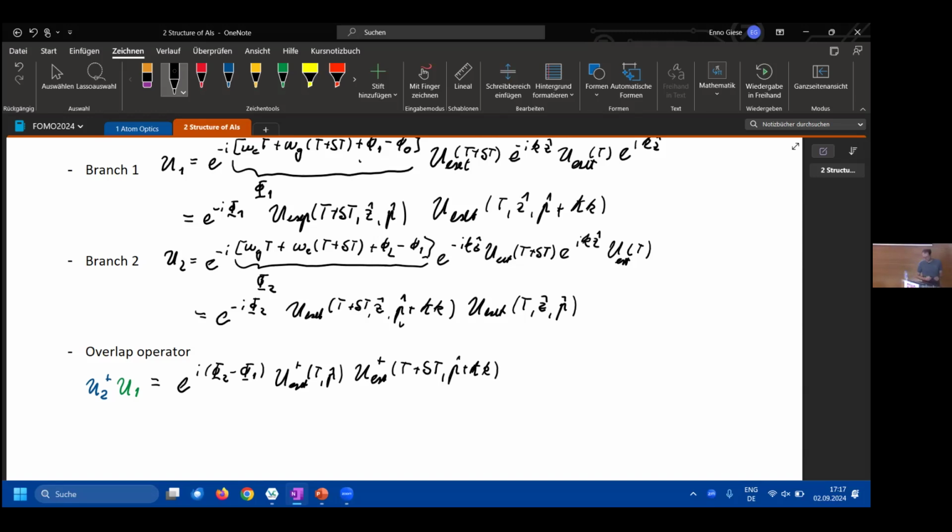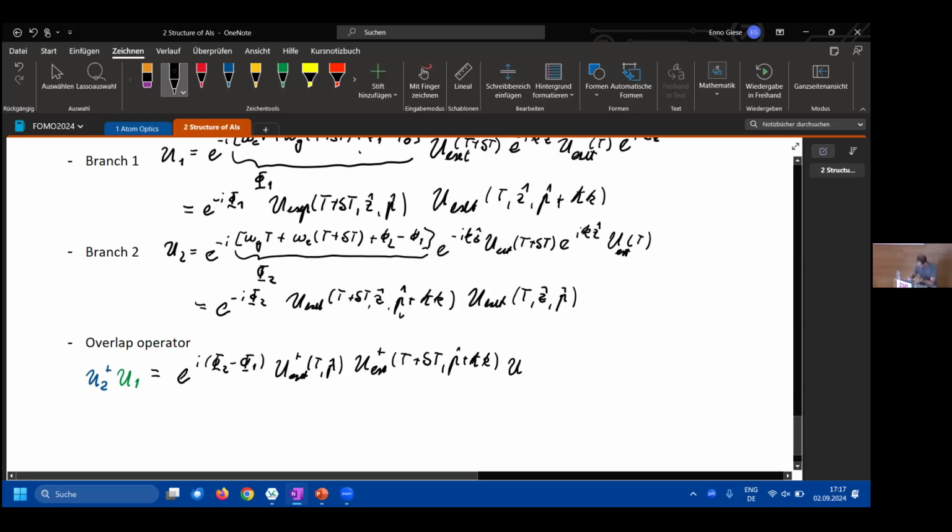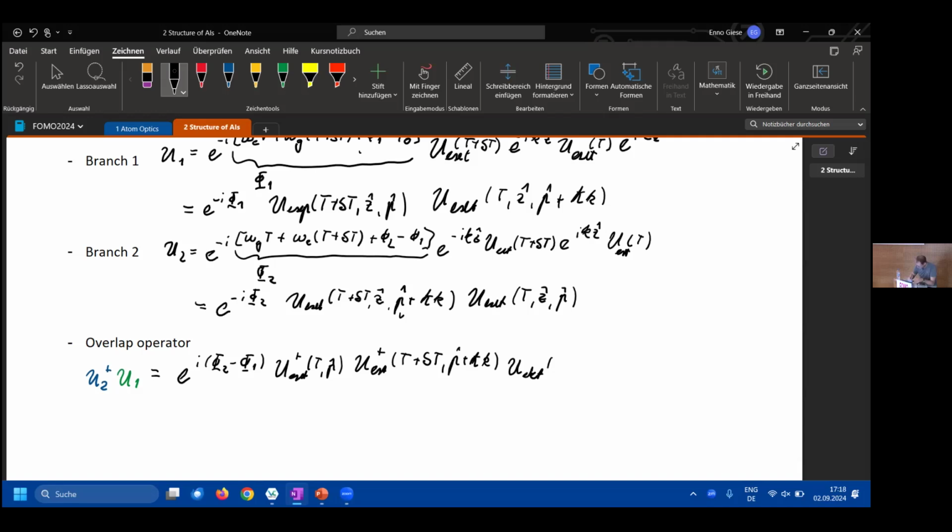And then we now have to just write down U1, and that would be U external of T plus delta T and P times U external of T, P plus h bar k.